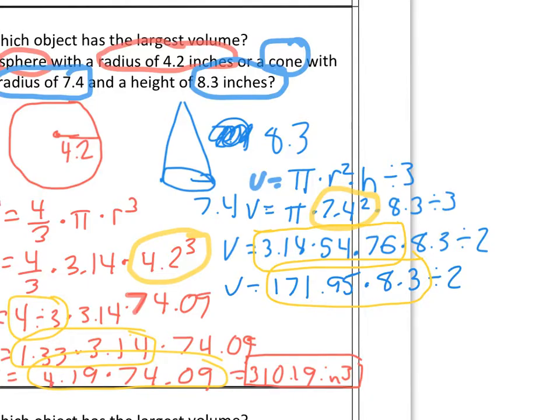You're checking it with me. 171.95 times 8.3. And I got 1,427.185. Leave it as 8, don't round up on 5s. When it's a 5, don't round up. Only round up when it's a 6 or higher.